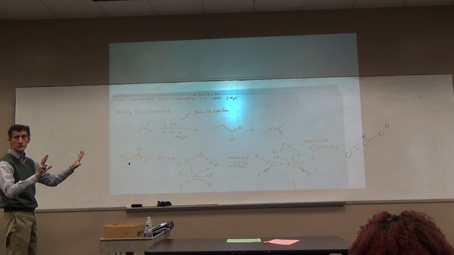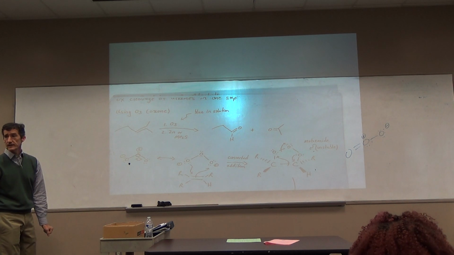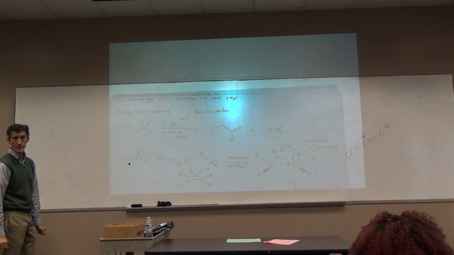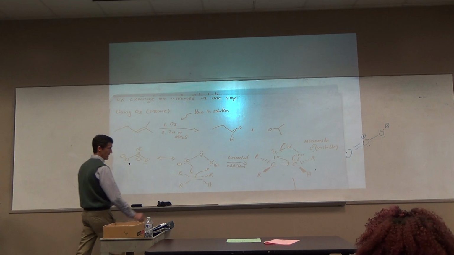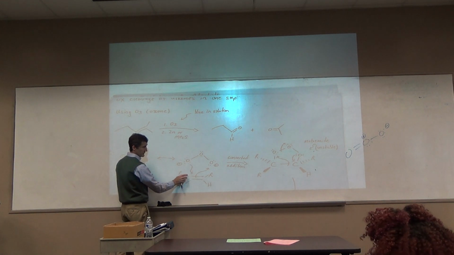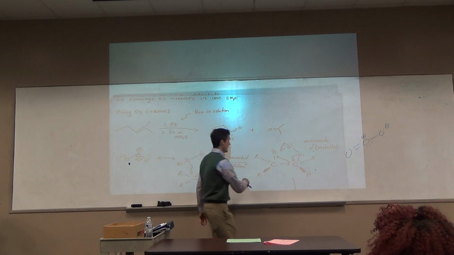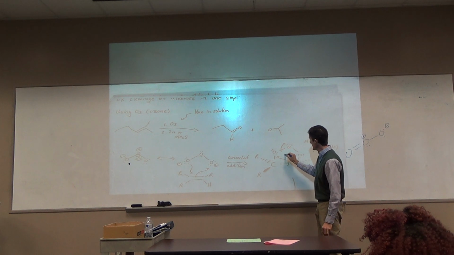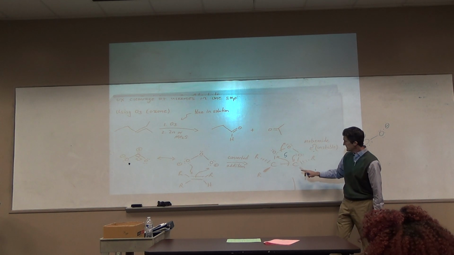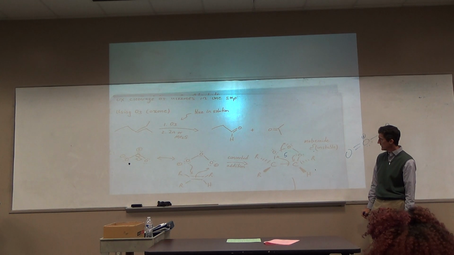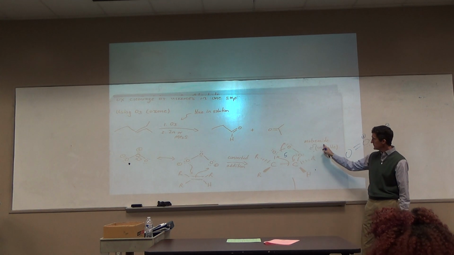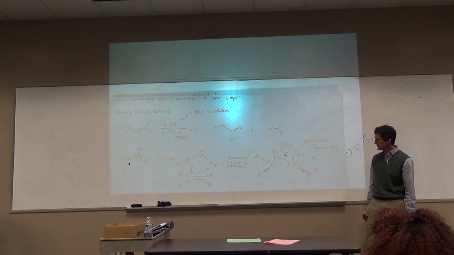And I'm just going to do it all concerted, there's no actual carbocation. But I'm envisioning one. But then boom, this is attacking it. And we get, it's concerted, and that's going to make this 5-membered ring, carbon bonded to oxygen, and then oxygen bonded to carbon. This is called a malozonide, and it's unstable.